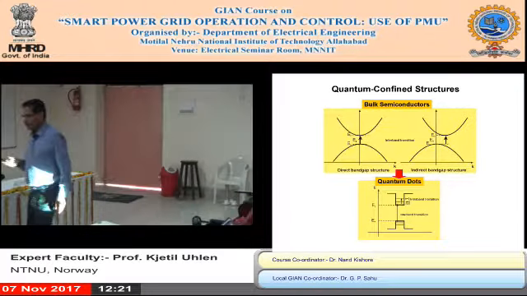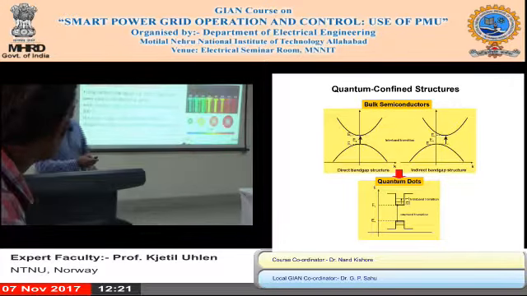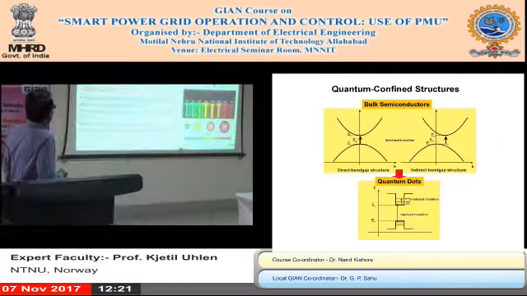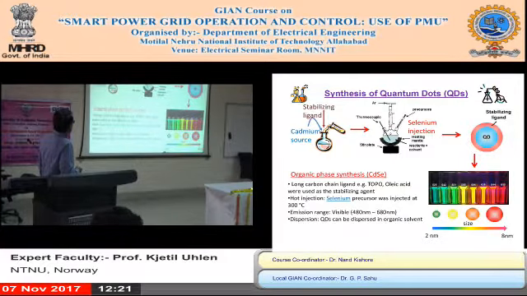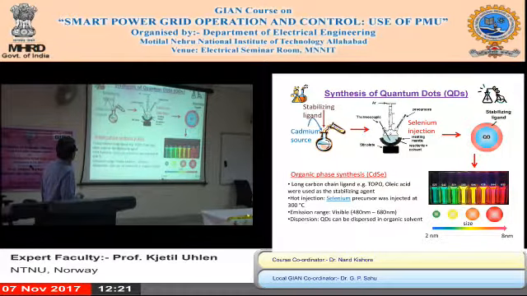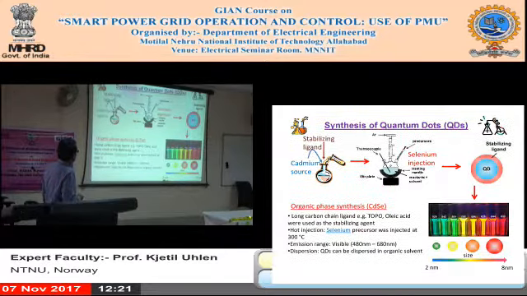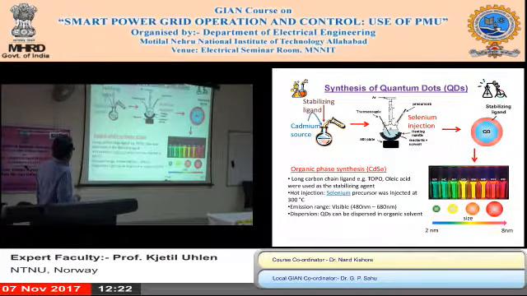So a little bit of chemistry now. One popular method of making quantum dots, let's say for example cadmium selenide, is called hot colloidal synthesis. You have a boiling solvent, which is a high temperature solvent, and in there you inject, let's say, a cadmium salt, which could be cadmium chloride or something like that.